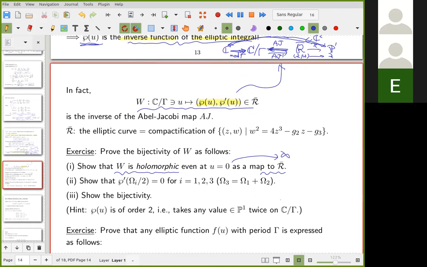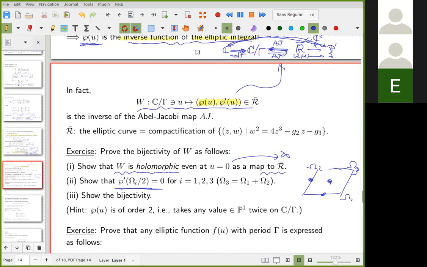And at such three points, in between the edges of the parallelogram and the center of the parallelogram, P prime has 0.